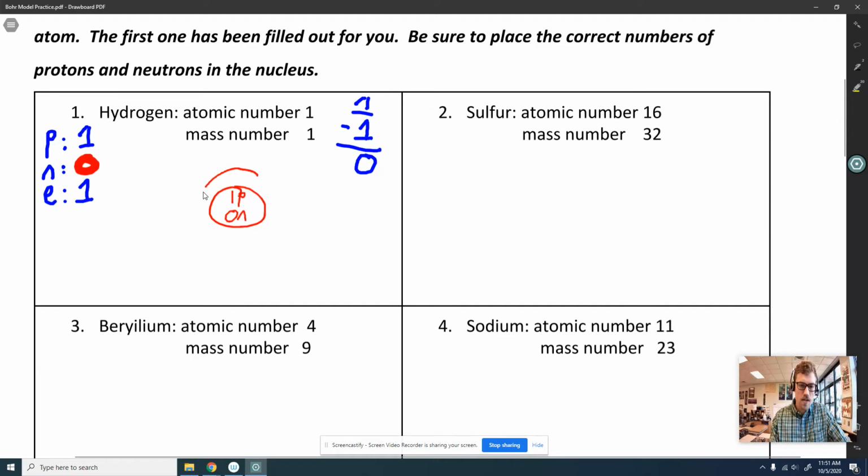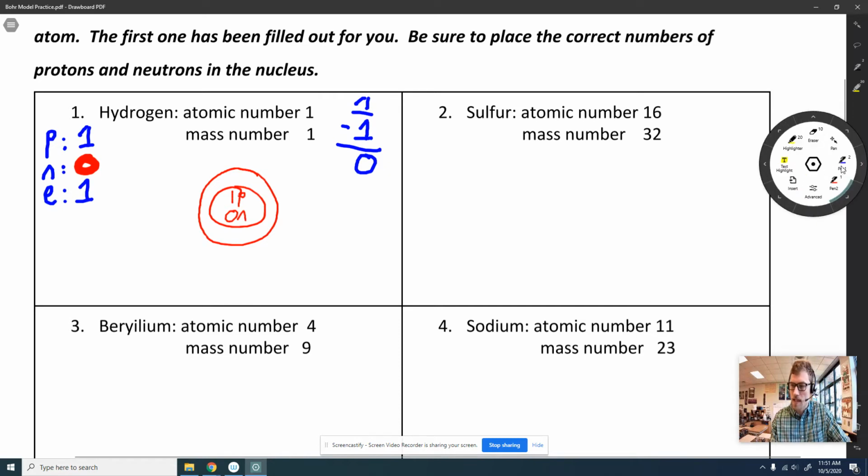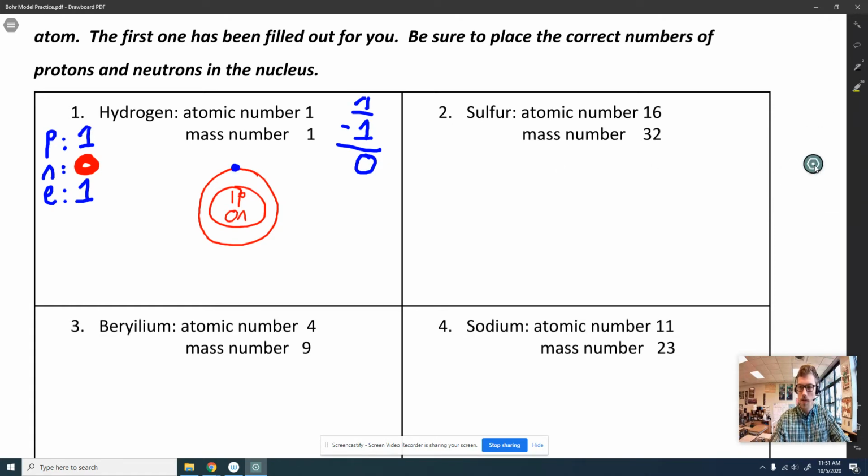We're going to draw a second circle. And this second circle represents the first energy level. And we're going to be using a dot to represent our electrons. And so here is a dot. Here is our 1 electron. There you go. There is hydrogen, 1 proton, 1 electron, 0 neutrons, right? Okay, so that's how we would do the first one.